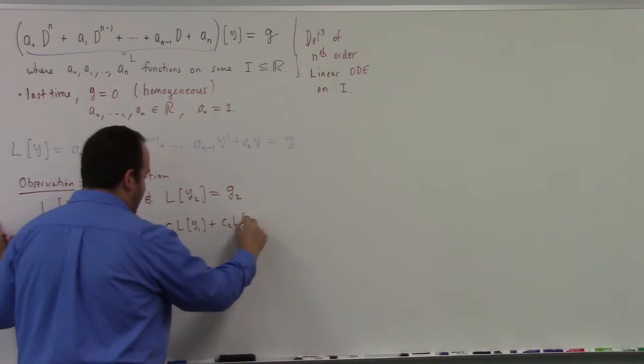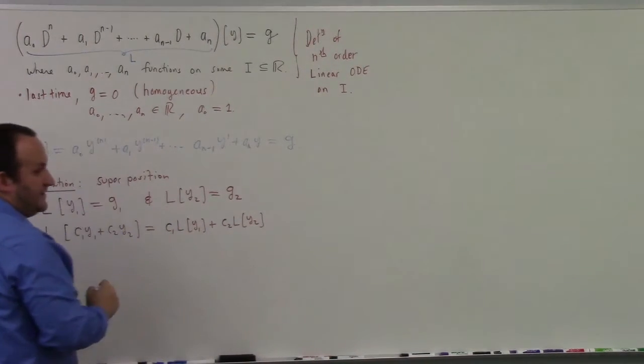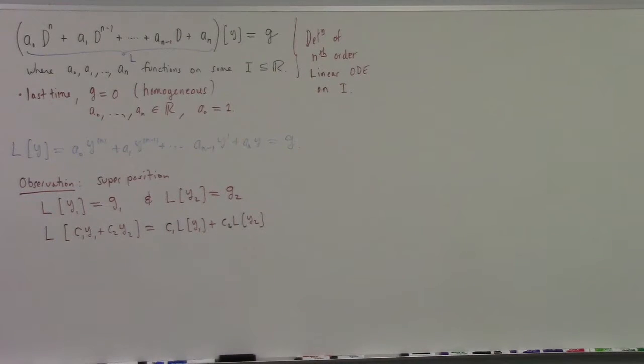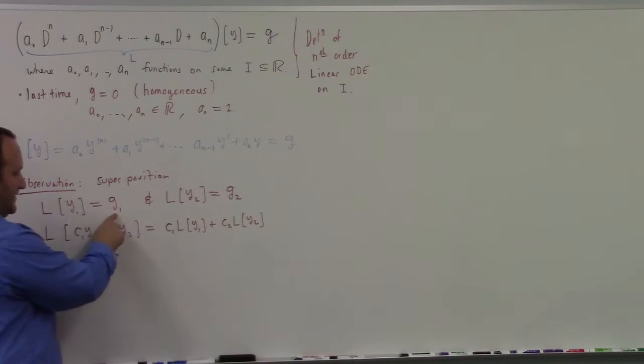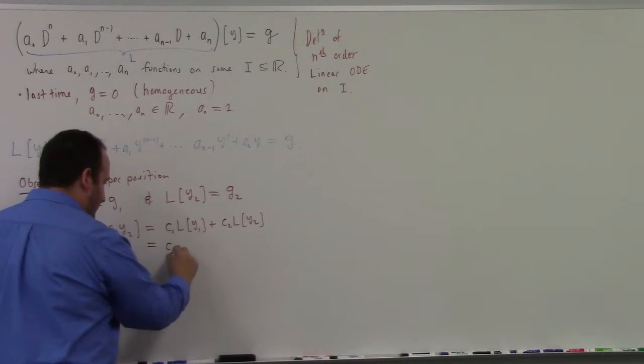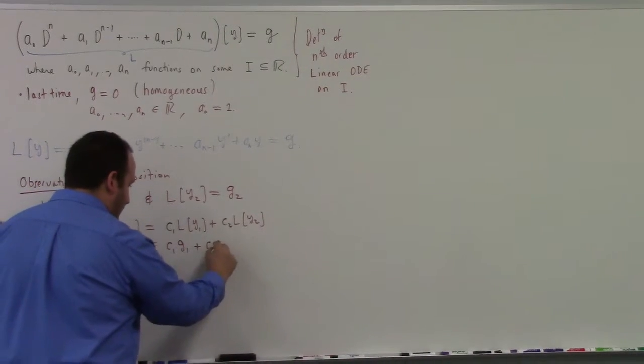Now, I mentioned to you guys that the constant coefficient case is a linear operator, but this L is also a linear operator because differentiation is linear, and the constants in front, like A naught through AN, just kind of ride along. I could write it out; it would take 10 minutes. It would be a lot of writing. Do you guys believe me that this is true? I hope. But then what? This is C1g1 plus C2g2, right?